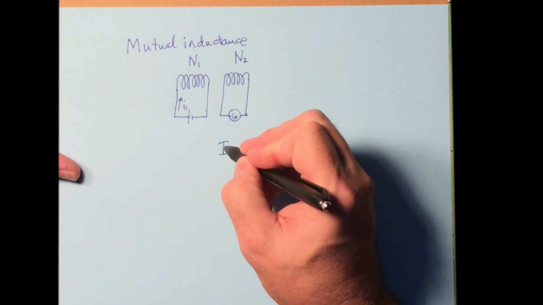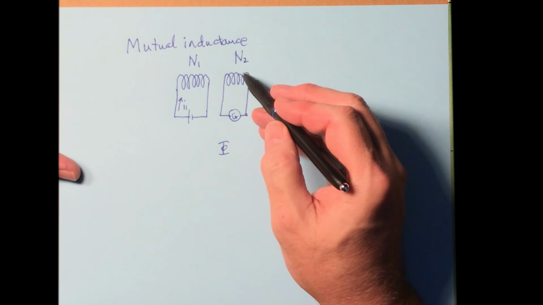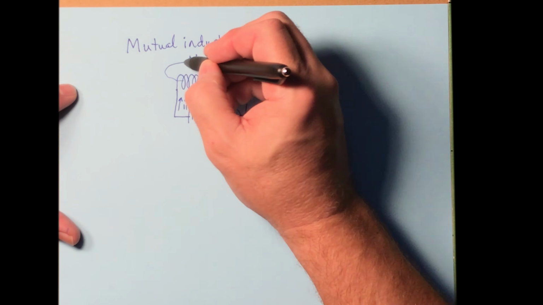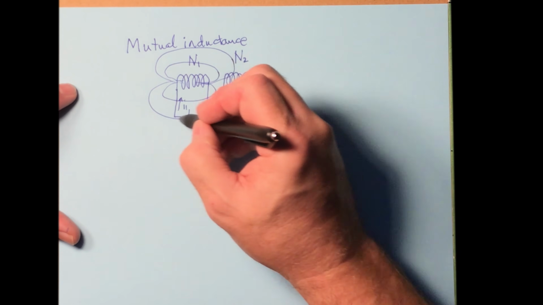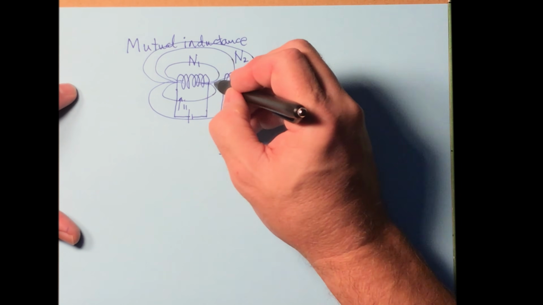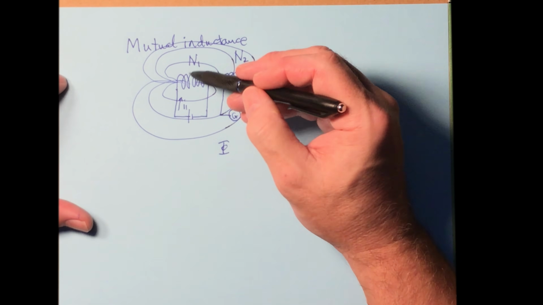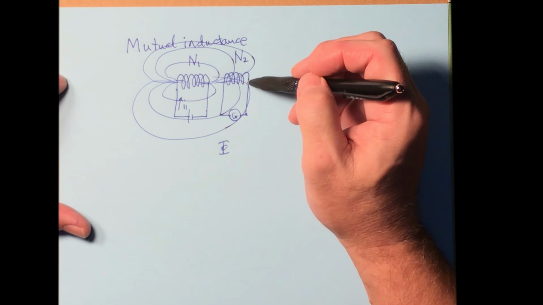So there's going to be some flux over here at coil 2 due to the presence of coil 1. Imagine magnetic field lines doing something like that. So the field lines from coil 1 are going to interfere with coil 2 over here.